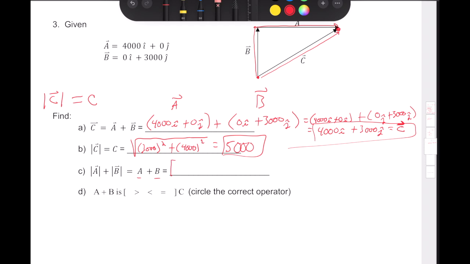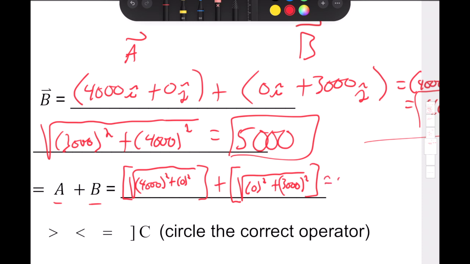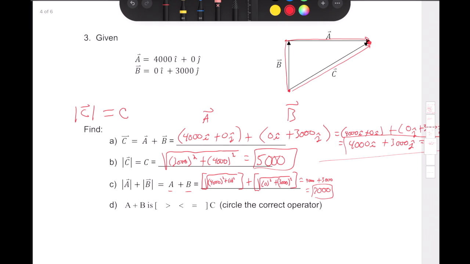Okay, well, absolute value of A would be square root of 4,000 squared plus 0 squared, and then add that to the absolute value or magnitude of B, which is 0 squared plus 3,000 squared. So that ends up being 4,000 plus 3,000. Remember, once we take a magnitude, we strip out the direction, so it doesn't matter the direction. Magnitude of A plus the magnitude of B is 7,000.